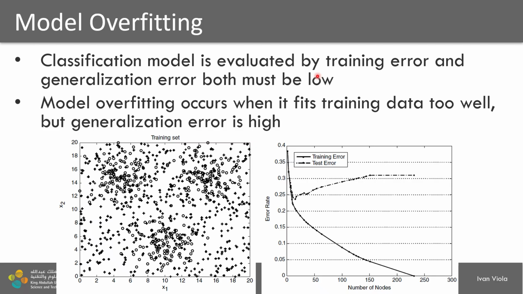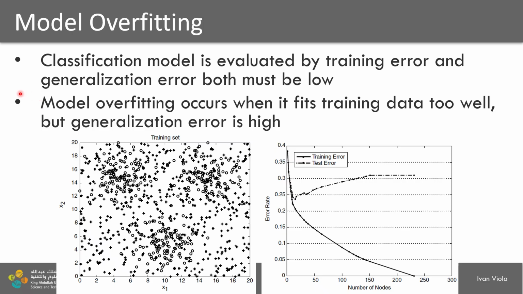So that could be called the validation set or the test set. And this generalization error must be low especially because we want to be able to classify objects which previously we didn't know the classes of, and now we can automatically assign the classes to these unclassified data records.